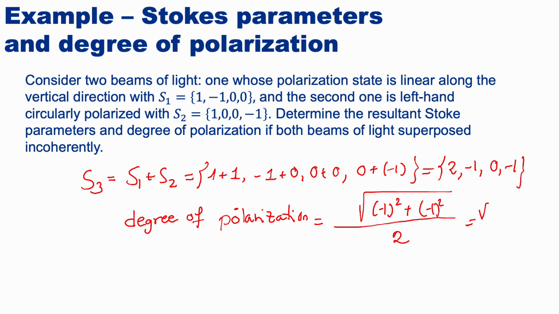So that's going to be the square root of 2 over 2, so 1 over square root of 2, and that's going to be the degree of polarization. And remember, the degree of polarization needs to always be between 0 and 1.